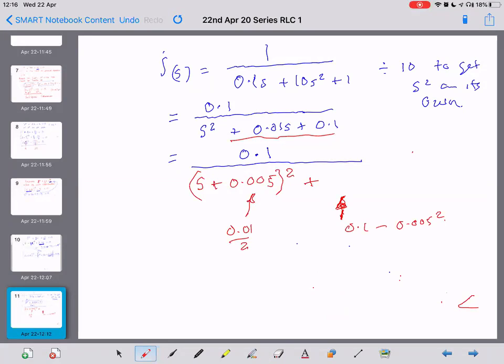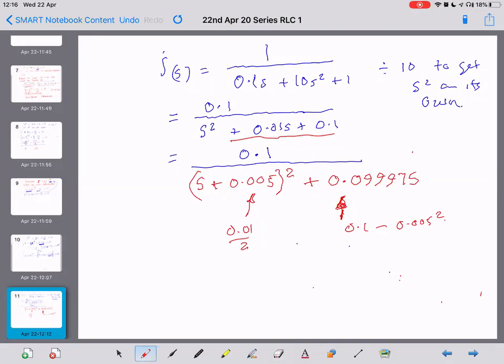Anyone done that? Well, 0.005 squared is 2.5 times 10 to the minus 5. You've got to take that away from the 0.1, so it's 0.099975.